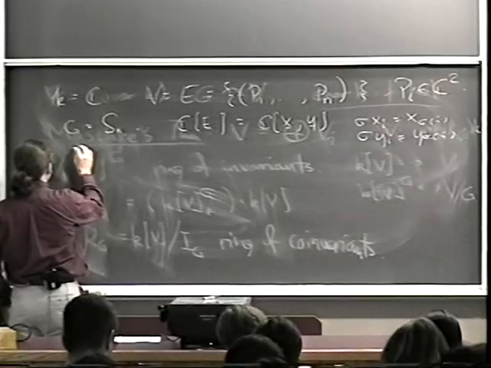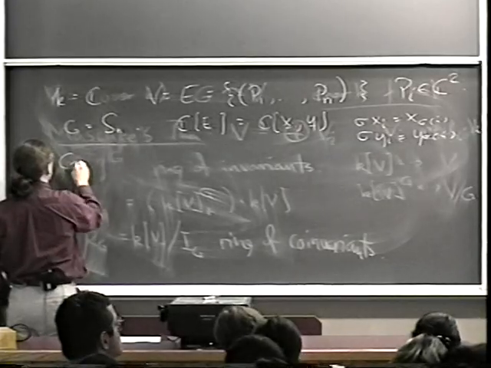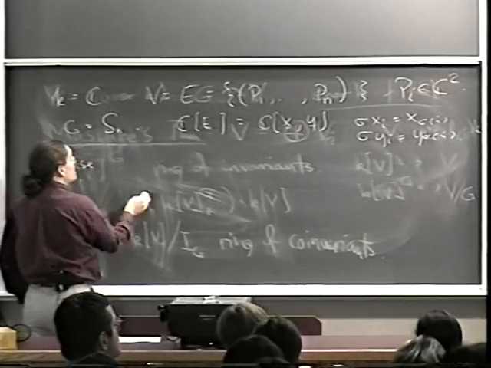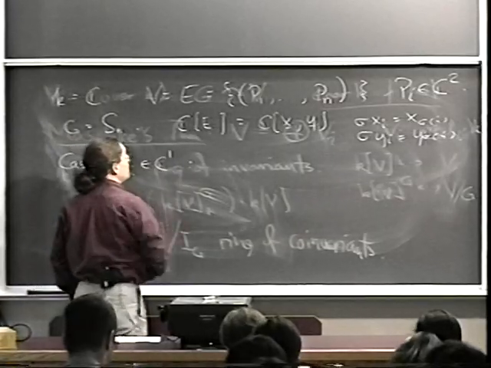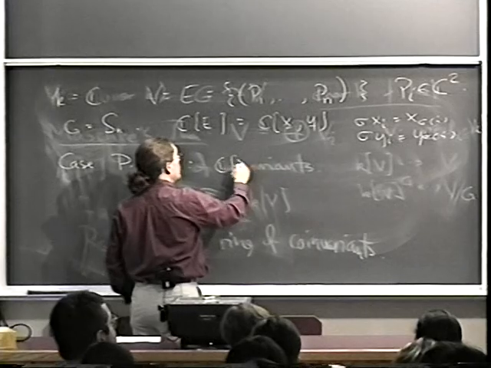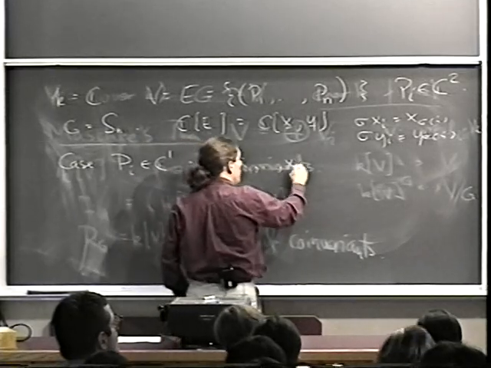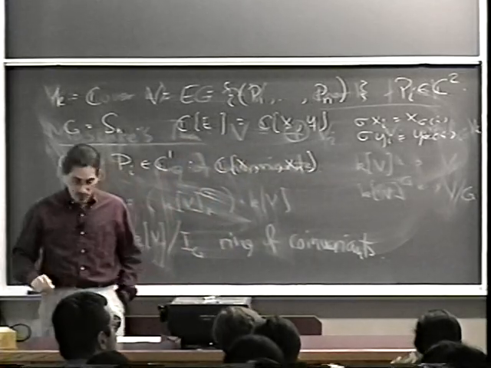Okay, so again, as we did last lecture, I want to first consider the case where the points are on the line instead of on the plane, right? So in this case, our polynomial ring has only x variables and no y variables.